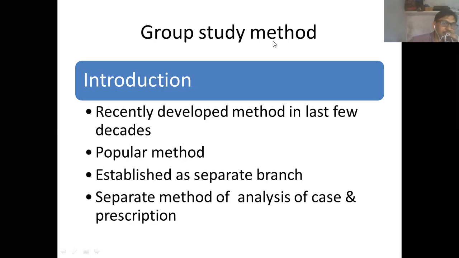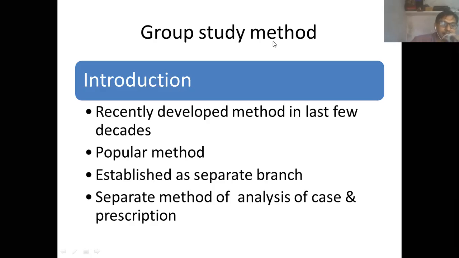After reviewing the symptoms, you identify the positive factors, the modalities, the mental generals, the physical generals, and then accordingly you form the probability of symptom, and then you prescribe. So this is the previously well accepted method of doing homeopathic prescriptions.